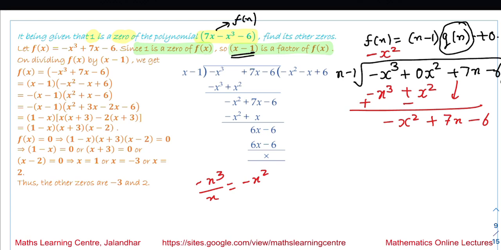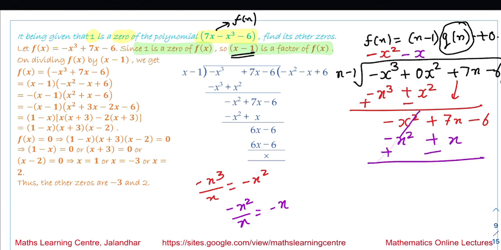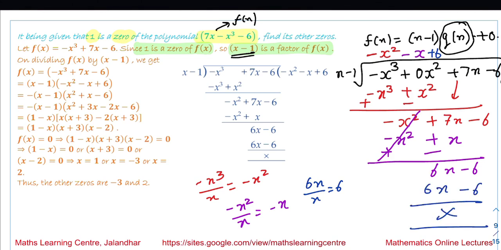Next we are saying it is minus x square over x, so we are left with is minus x. So it is minus x square plus x. This is plus, this is minus, so we are left with is 6x minus 6. Now the next term we have it is 6x over x. We are left with is 6. So it is plus 6. So it is 6x minus 6, and the remainder is 0.